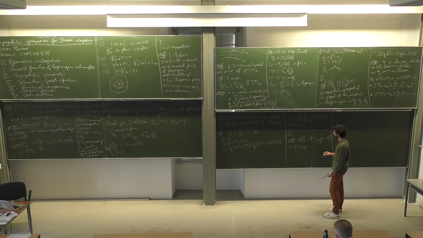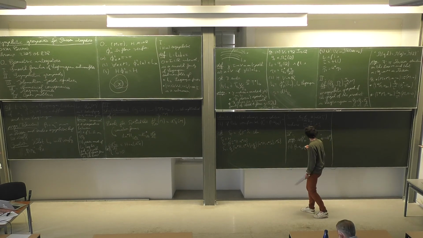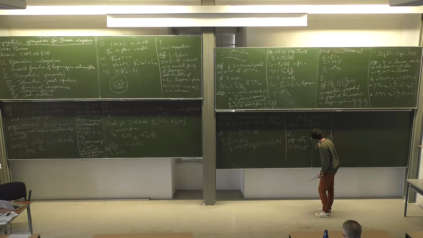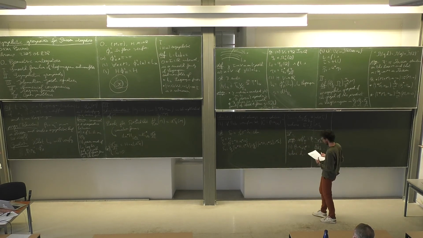I claim this is again a Hamiltonian flow, but for a time-dependent one that approximates H. There is an explicit formula for this non-autonomous Hamiltonian.